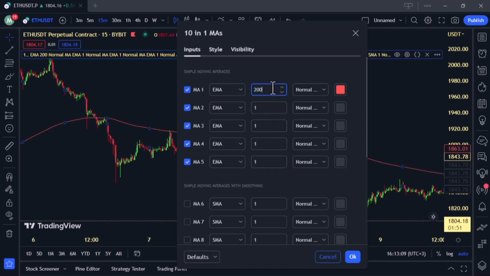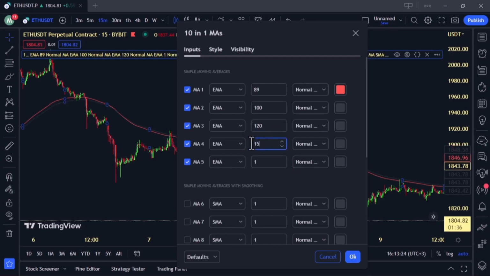So now what I need is to change the length of them. I'm going to put the first one on 89, then the second one on 100, the next one on 120, the next one 150, and the last one on 200. The color of the middle ones doesn't matter that much, but I recommend doing it this way.